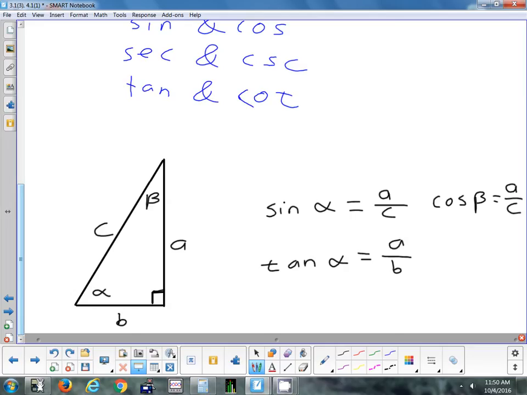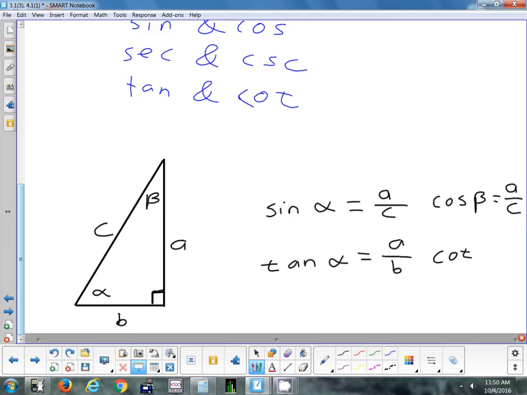I'm going to look at the cofunction. Alyssa, what's the cofunction for tangent? The cofunction for tangent. Cotangent. Yeah.